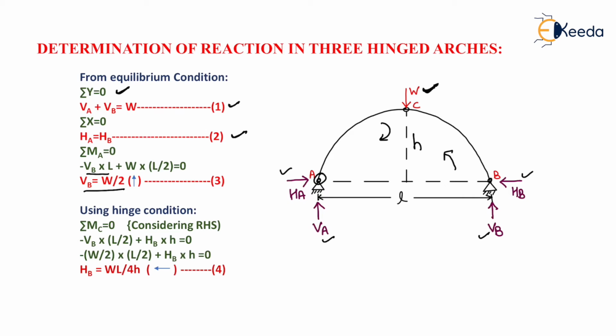Now we will use the fourth equilibrium condition, that is the additional equilibrium condition, moment about C equals 0. Now we will consider the right hand side portion of the arch.